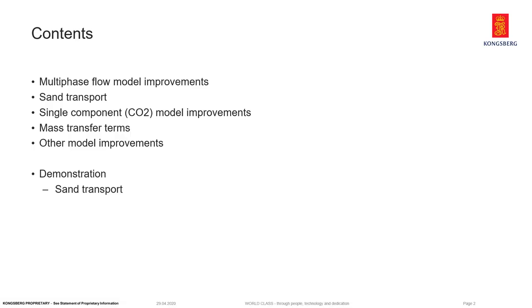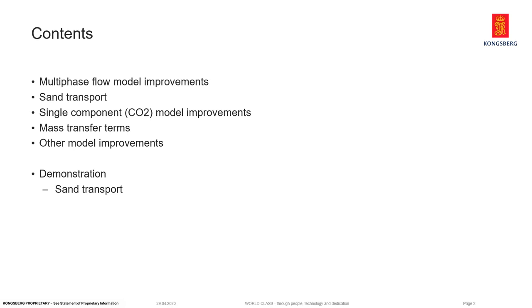So we'll go through some of the major improvements in LedaFlow 2.6, that being the multi-phase flow model improvements, something about sand transportation, some of the model improvements in the single component model, which amongst other things is used for CO2 transport, a little bit about the different mass transfer terms in LedaFlow, which have been adjusted, and finally some other model improvements. And then all the way at the end, I will give a short demonstration about the sand transport feature.